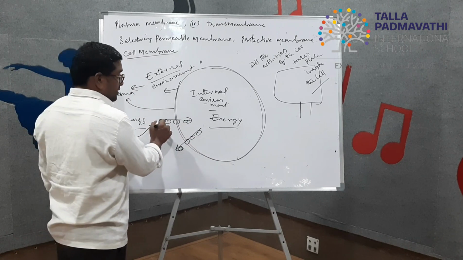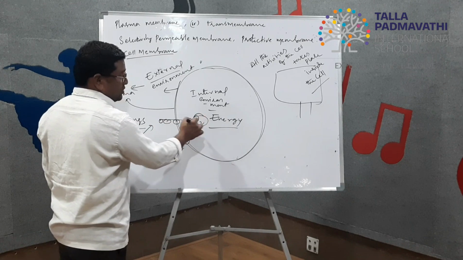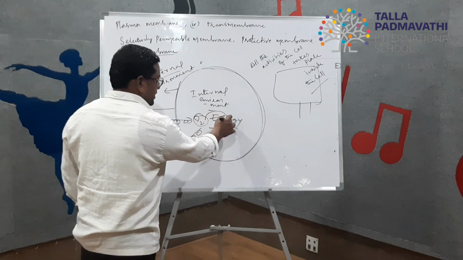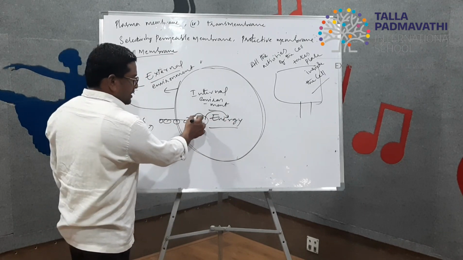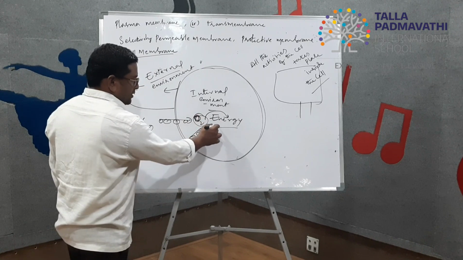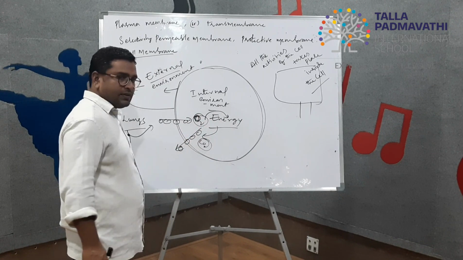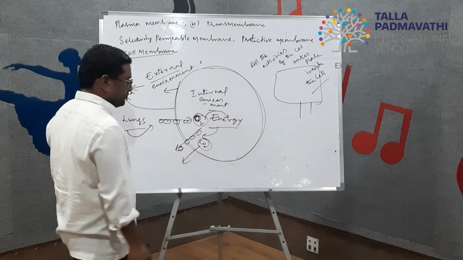Through blood, oxygen reaches the cell, and that oxygen is used to produce energy. After utilization of oxygen, carbon dioxide is produced as waste. That should be removed.